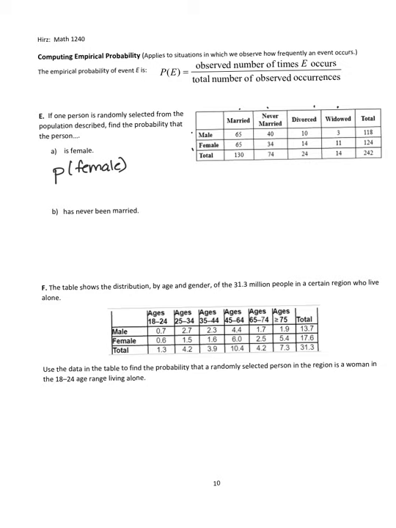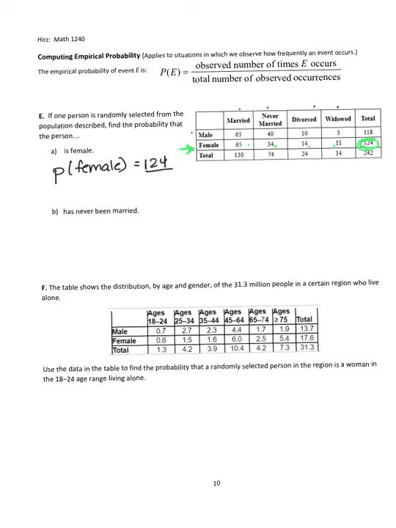We're just looking for the number of female participants over the total. Take a look at the chart and find what you're looking for. Here's the female category, and then it breaks it up. We're not worried about that. We just want to know the total number of female, and that's 124.